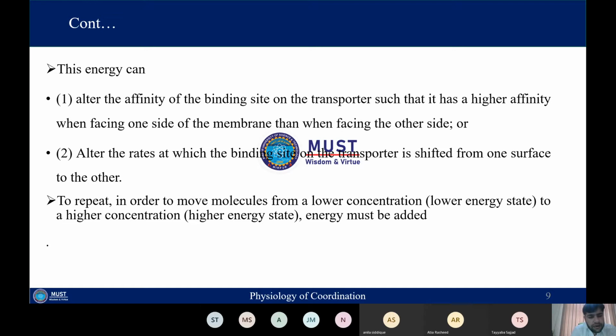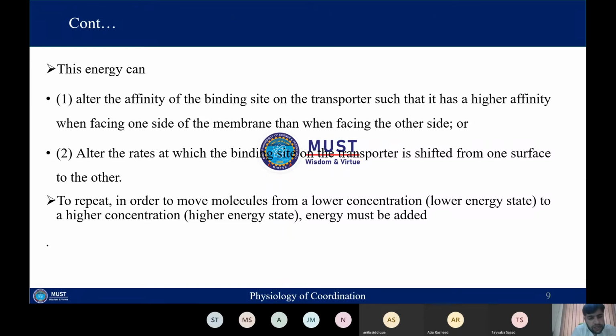The second important function of this energy is that it will alter the rate at which the binding site of the transporter is shifted from one surface to the other, meaning from open configuration to closed configuration. When the transporter proteins are in open configuration, it means they are showing high capacity or high affinity for binding to the solute particle.